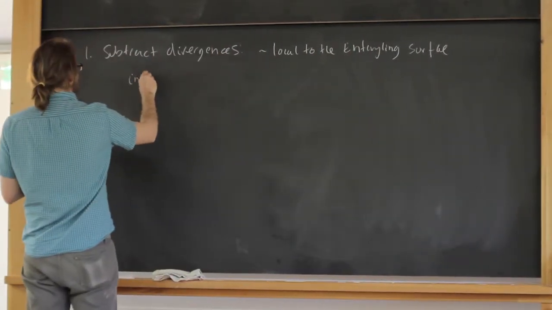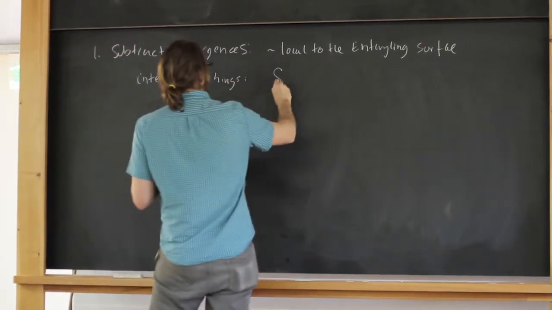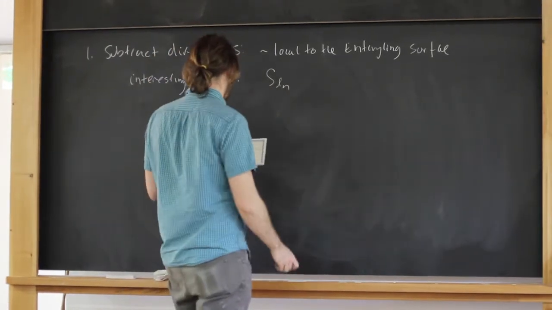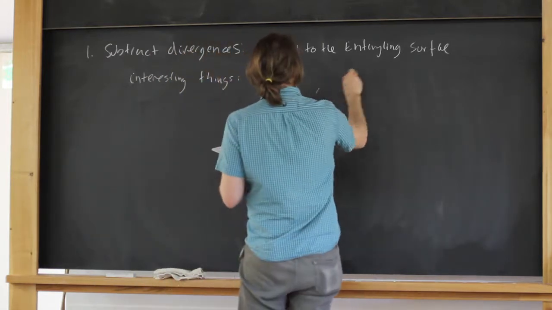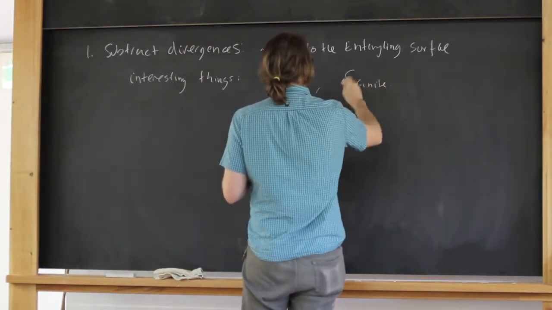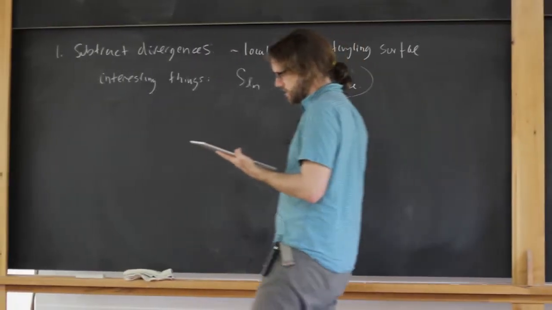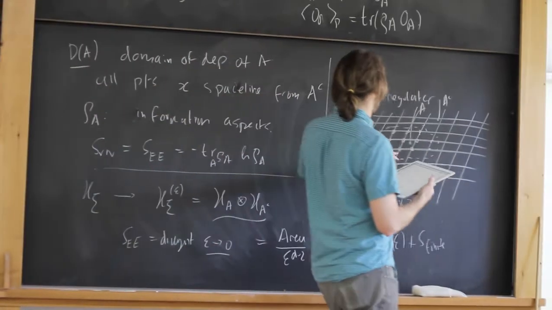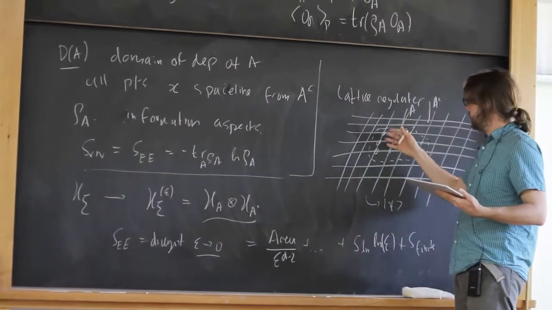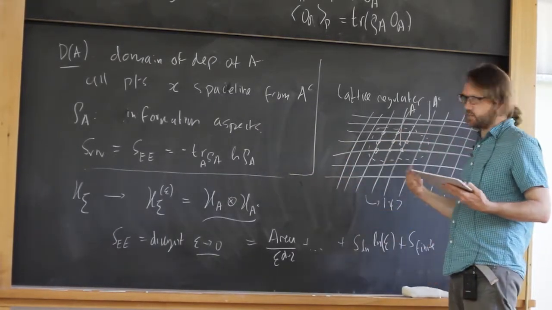In this respect, the interesting things, well, there's this universal log piece, which a lot of people in this room have said a lot of things about, and then the S finite piece. And for me, this piece is the most interesting. One strategy for doing the subtraction is to note that typically, as you take the continuum limit, these short distance correlations that are giving rise to this divergence are in some sense state independent.